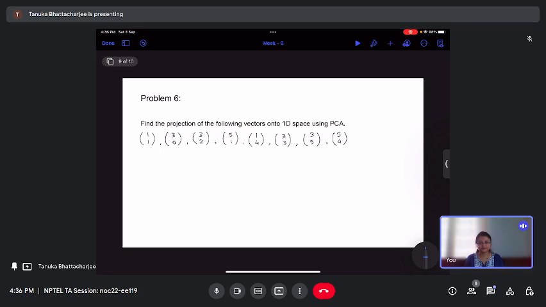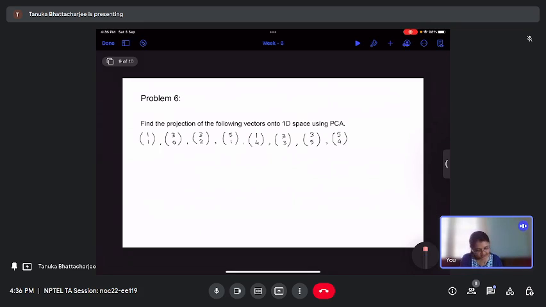So, the first step in this PCA example will be to compute the covariance matrix of this particular data set. You know the general expression for the covariance matrix.